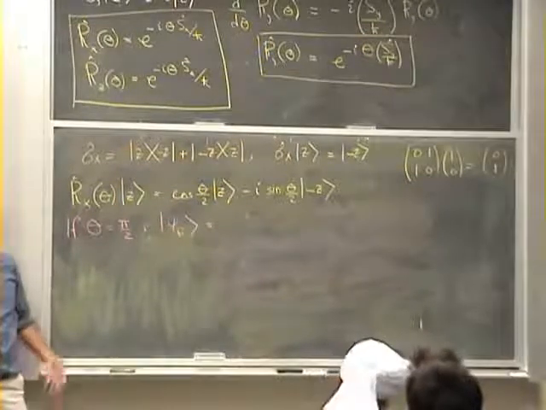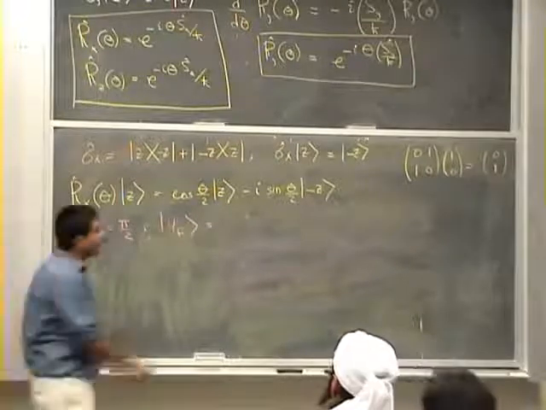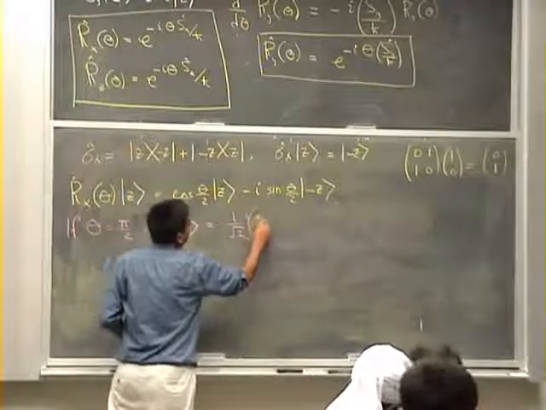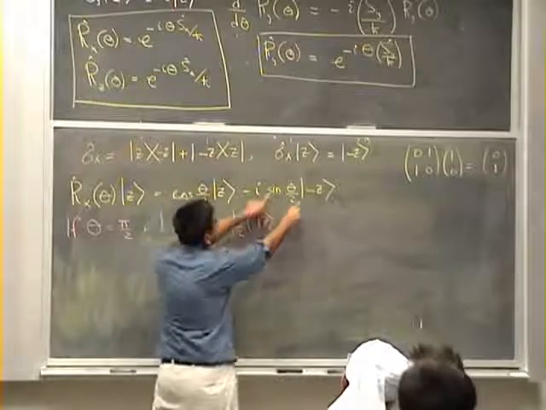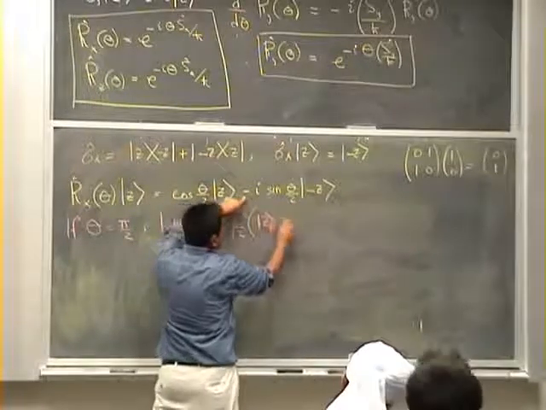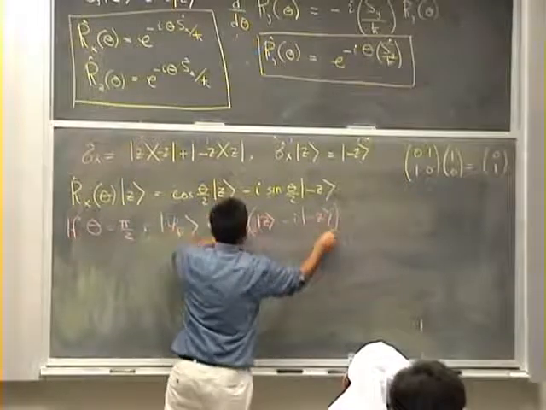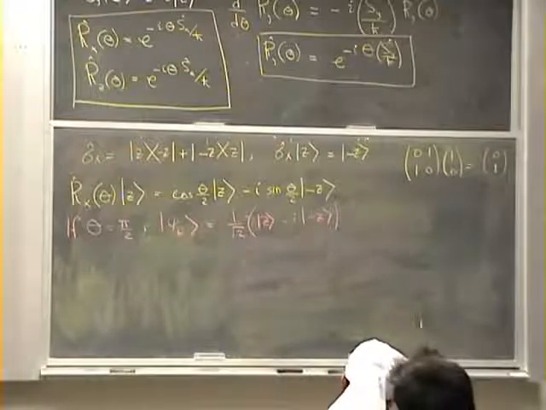Pi by 4, which is 1 over under root 2. Cosine of 45 degrees is 1 over under root 2. So 1 over under root 2 times z, and this is also 1 over under root 2, but with minus iota, minus z.